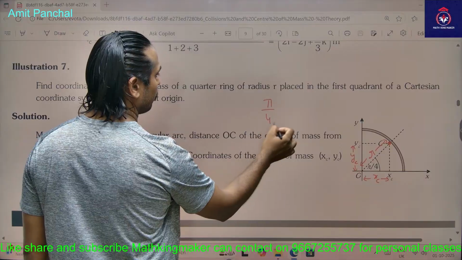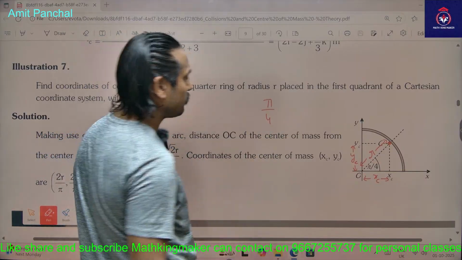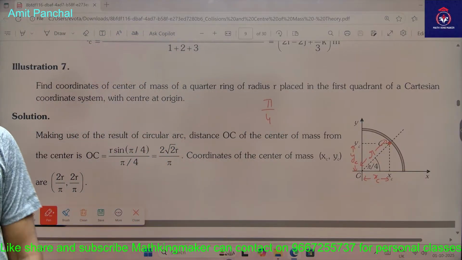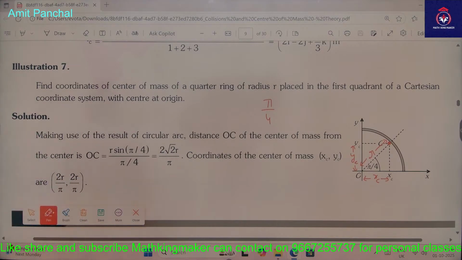If it is pi by 4, in place of pi you need to put 180. Okay, I can just do 180 divided by 4. I thought it was compulsory to multiply the radian with 360 in order to solve it. No.